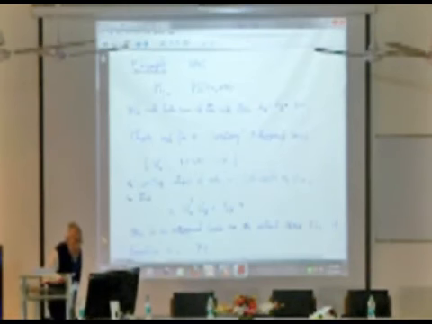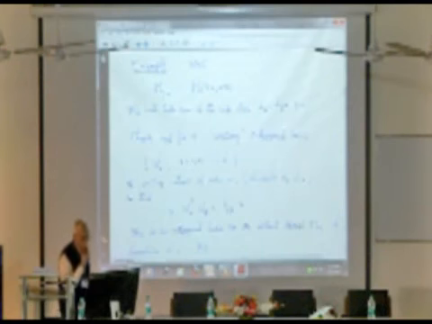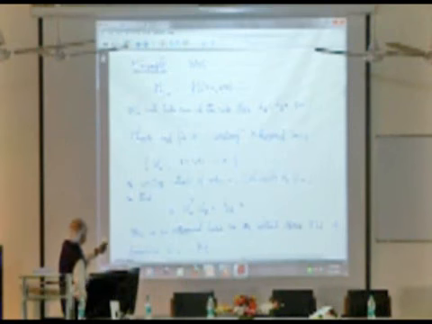Now, the space of square matrices admits an orthogonal basis of unitary matrices. I choose such a basis and denote it by W alpha, alpha equal to 1, 2, etc., n square.